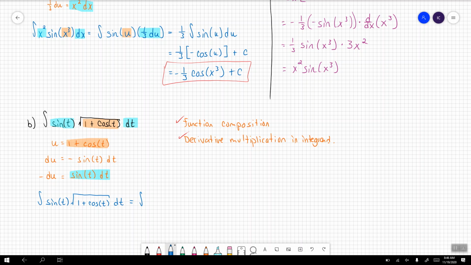The square root is the main function that we're working with, so it stays as is. So I take the square root, but this time it's not going to be 1 plus cosine t, because that's the substitution that I'm making. This time it's u. Okay, so far I've got the square root function taken care of. Sine t dt, that's negative du.